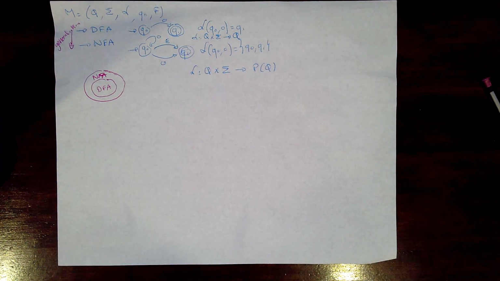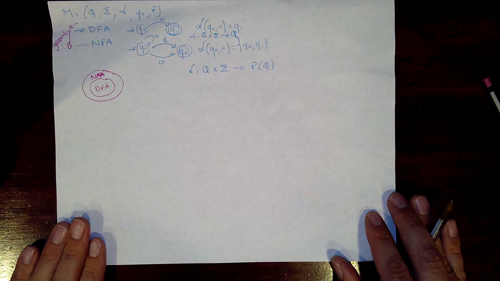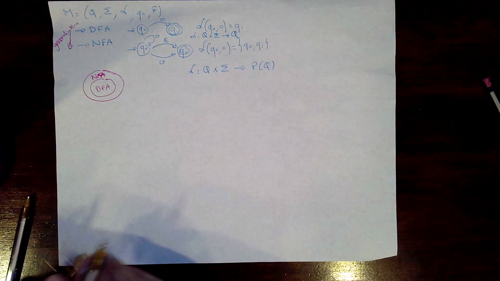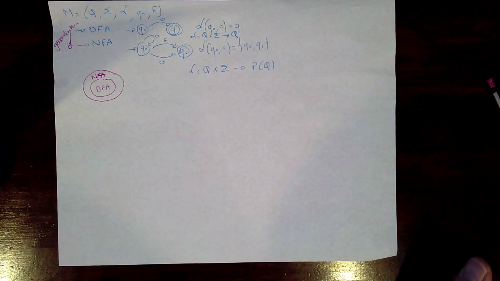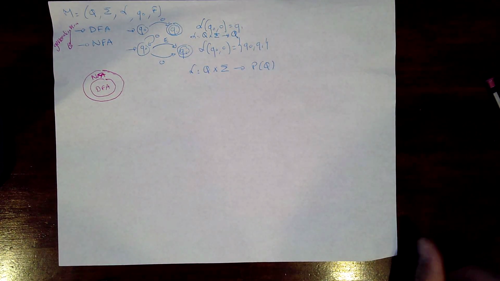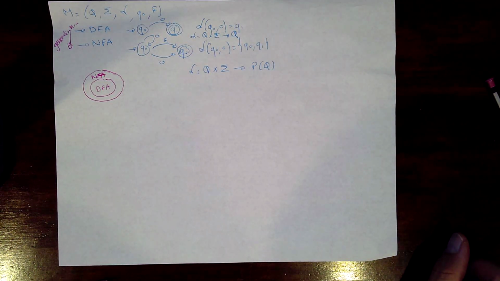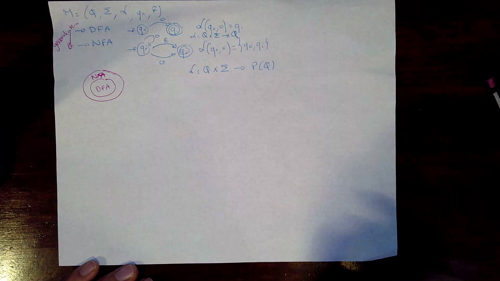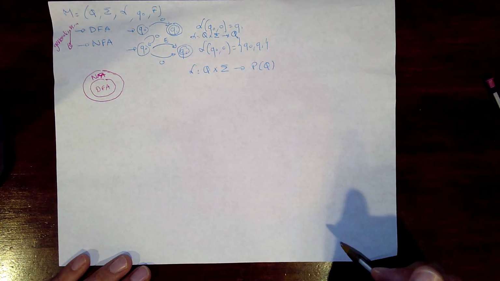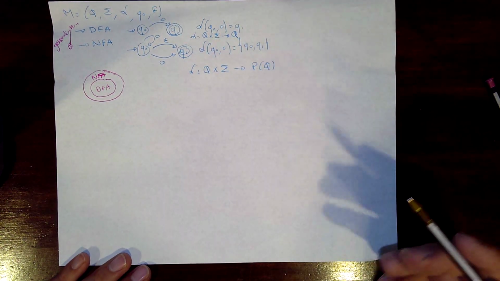Throughout this course, we're going to realize that there is a very strong tie between automata and families of languages. We say that a language that is recognized by such an automaton is necessarily a regular language.